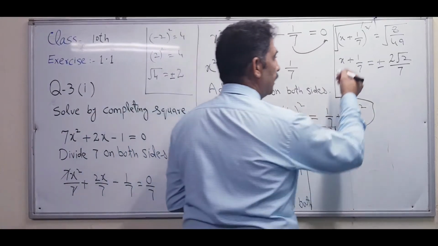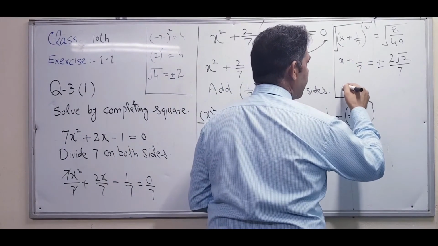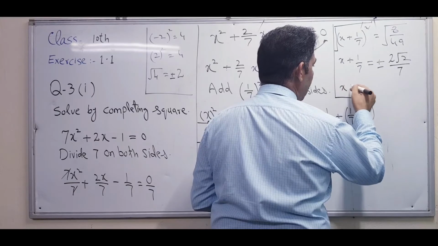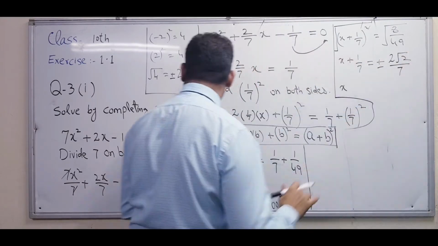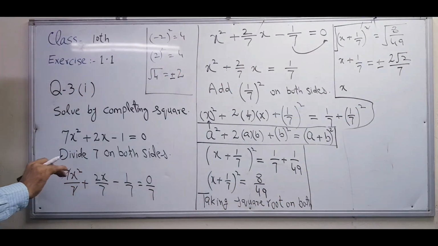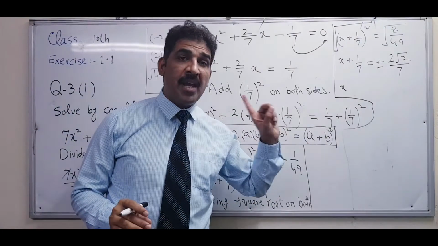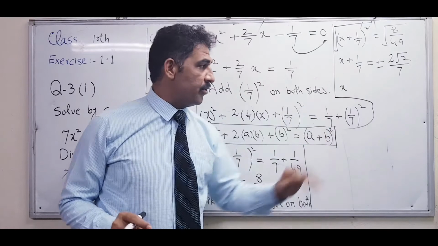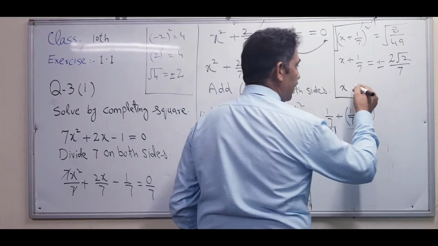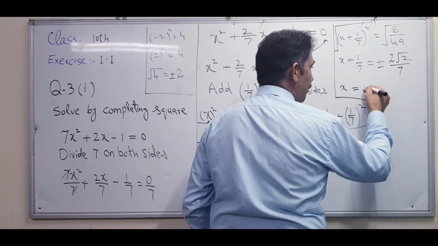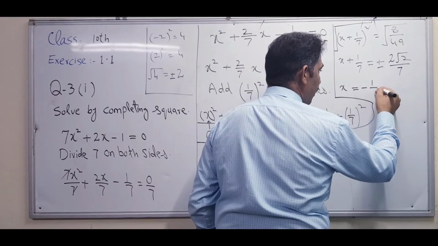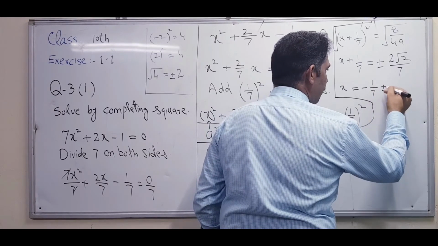Okay, so here x, now we have to solve for x. This plus 1 over 7 shifts to the other side, because we have to solve in such a way that the left hand side will remain only x and all other portions go to the other side. Plus 1 over 7 shifting to the other side will become minus 1 over 7, and plus minus stays the same.